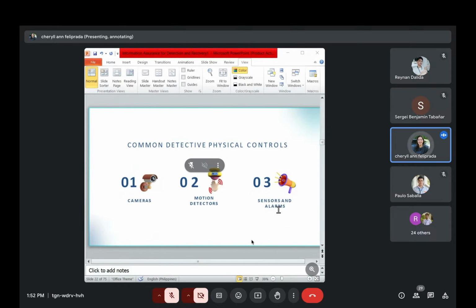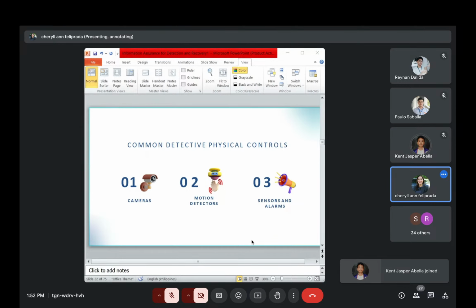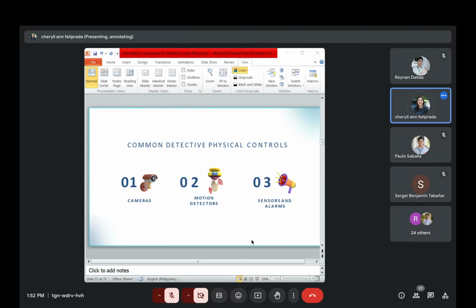Sensors and alarms are used to inspect the environment to verify that air, water, and temperature parameters stay within a certain operating range. Smoke and fire detectors can detect, of course, smoke and fire. Testing should be conducted on a regular basis to ensure that detectors are in good working order.